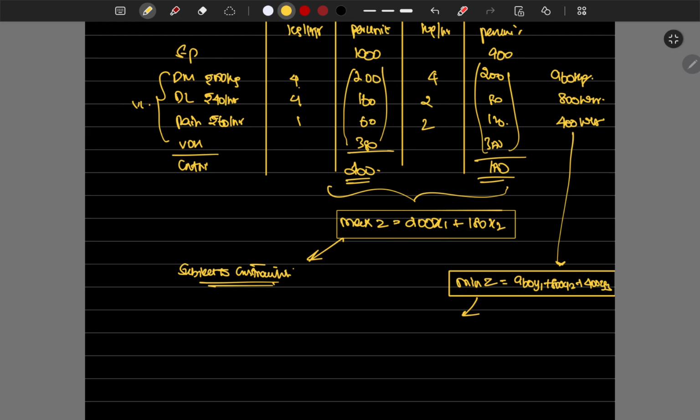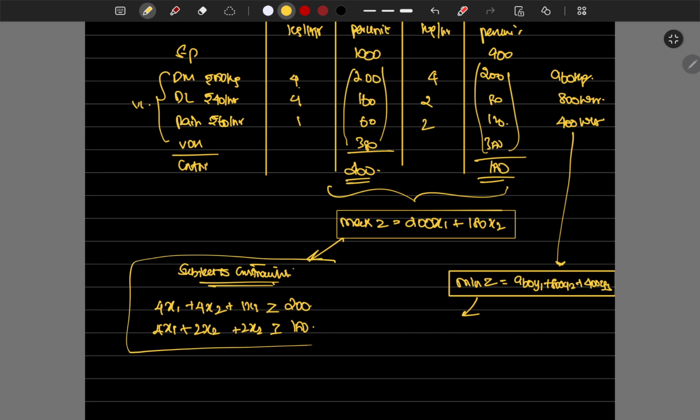So 4x1 plus 4x2 plus 1x3 should be more than or equal to 200. Okay, this is the subject-to constraint. And then for beta, 4x1 plus 2x2 plus 2x3 more than or equal to 150. This is the subject-to constraints for both alpha and beta.